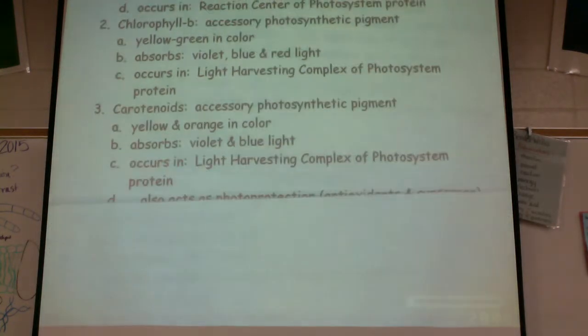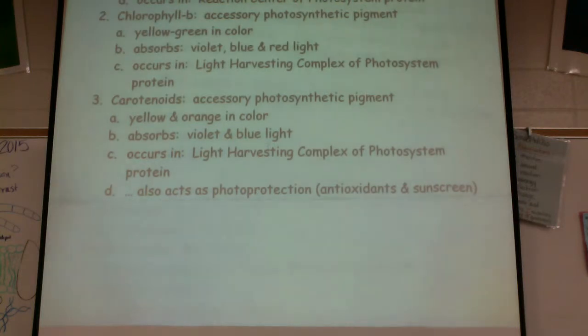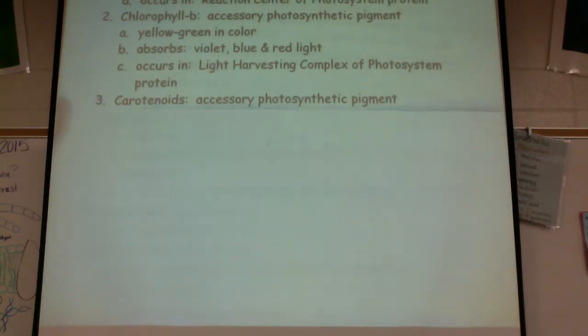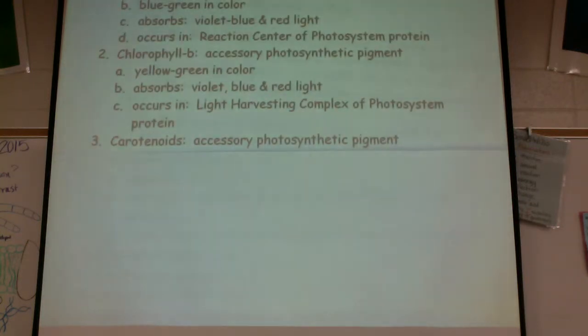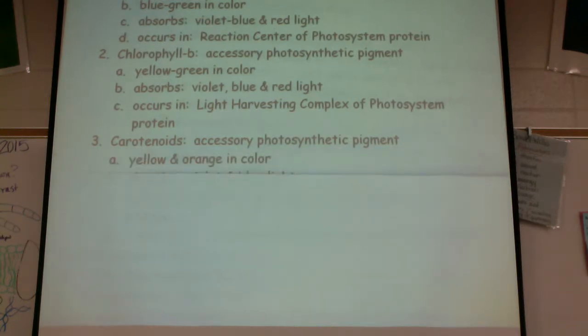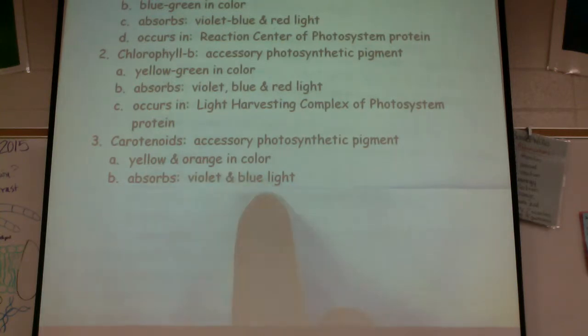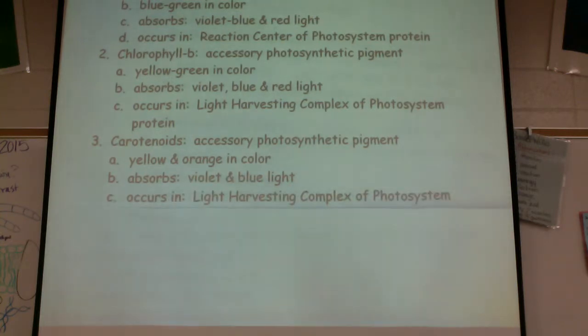So, you also have the carotenoids. I like to say carotenoids because it helps me remember their color. They're yellow and orange like carrots. They absorb better at different lights as well. And they also occur in that light harvesting complex of the photosystem proteins, okay?